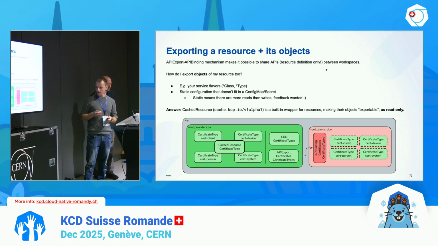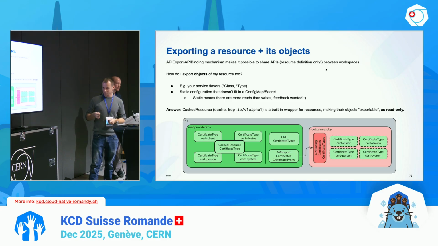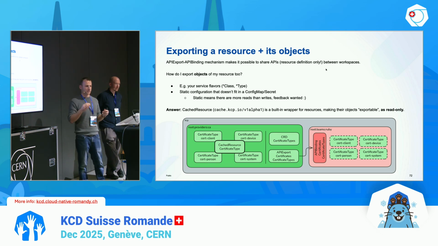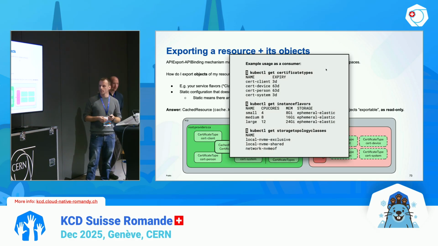So if you, as a provider, had some certificate service that has different types of certificates that you want to let your consumers know about, you can reference this cached resource in the API export, and then just like that, the consumer actually gets the individual objects that they can reference in their claims, for example.